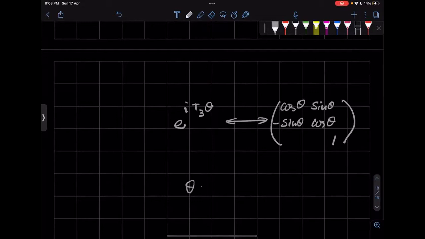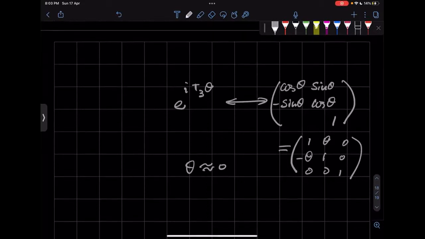For theta very small, close to 0, what is this right-hand side? It is 1, because for small values of theta, cosine is just 1, and the sine is just theta. So all of these off-diagonal things are 0. These are close to the identity.